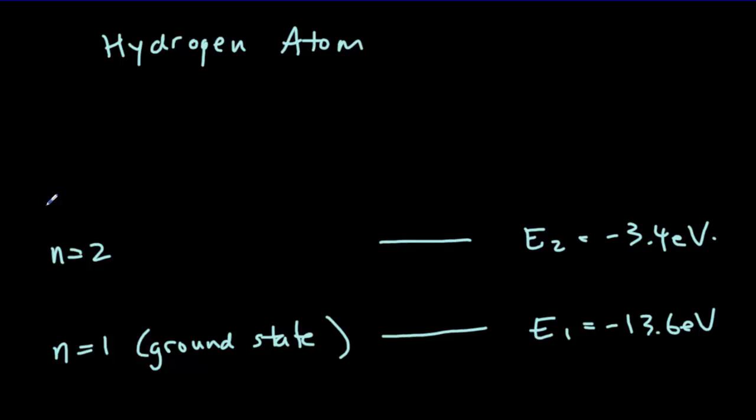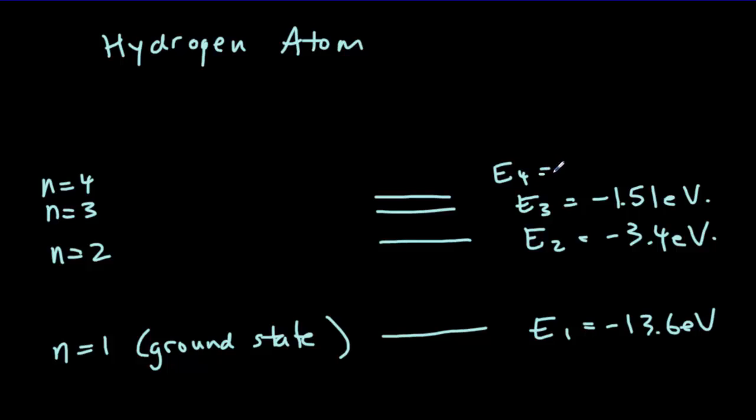For n equals 3, we get negative 1.51 eVs. And for n equals 4, we get negative 0.85 electron volts. So you can see that the gaps in energy get smaller and smaller.